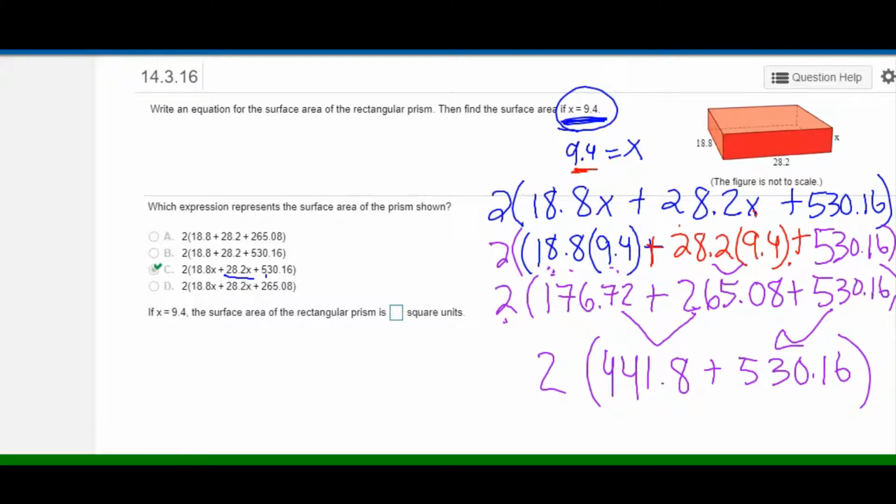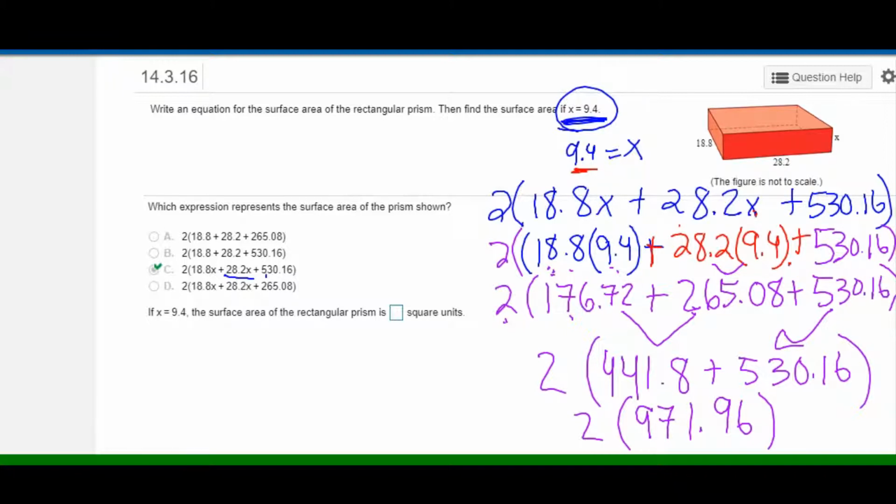So plus 530 1600ths, and I'm going to have 971 9600ths, and I have to multiply that by 2 to get the surface area, because I have 2 of each face. So this is the area of the front face, left face, bottom face, and I now have to multiply by 2 because I have 2 of those.